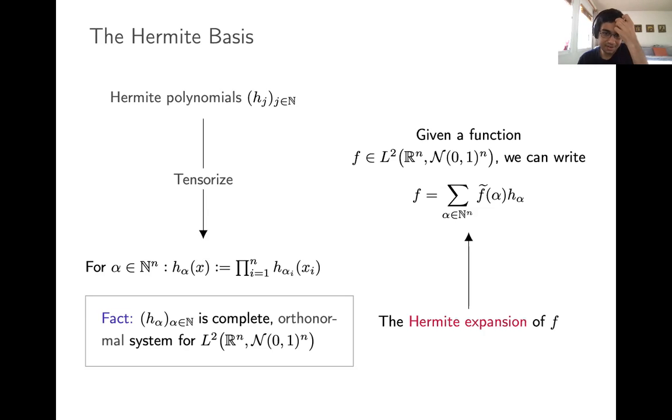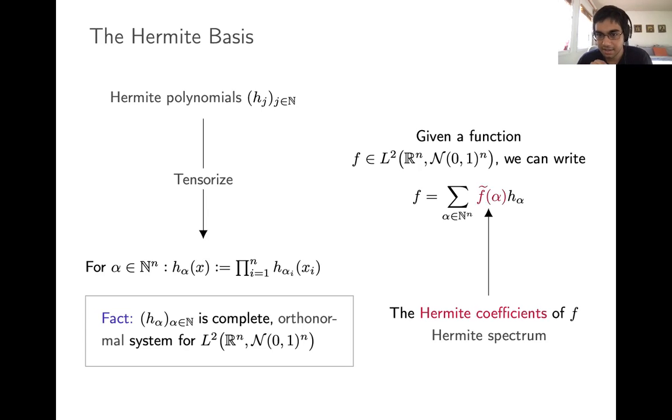In other words, this lets you write a function in L2 as a combination of these multivariate Hermite polynomials. And this expression is called the Hermite expansion of this function f. In particular, these f tilde alphas, which are real numbers, are called the Hermite coefficients. And the collection of these coefficients is the Hermite spectrum.